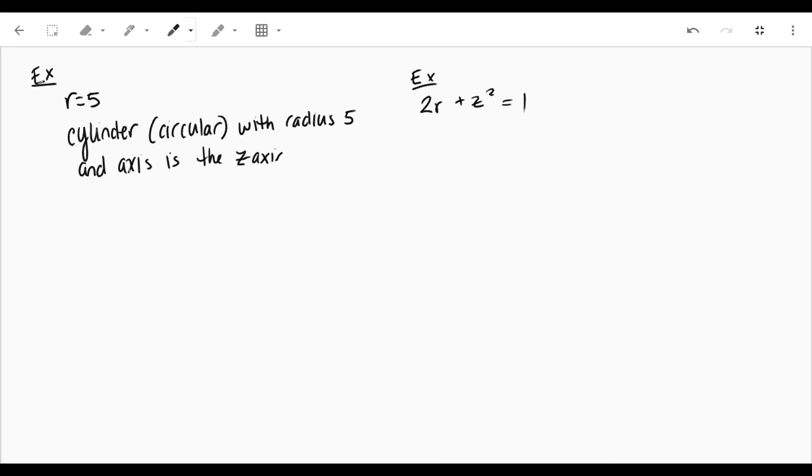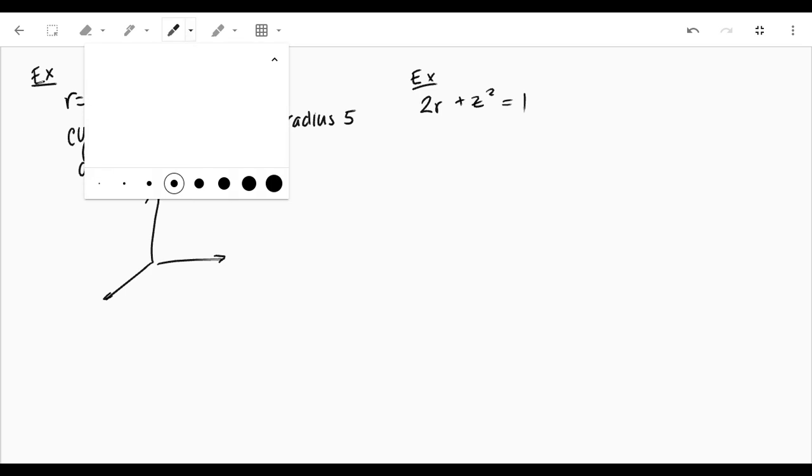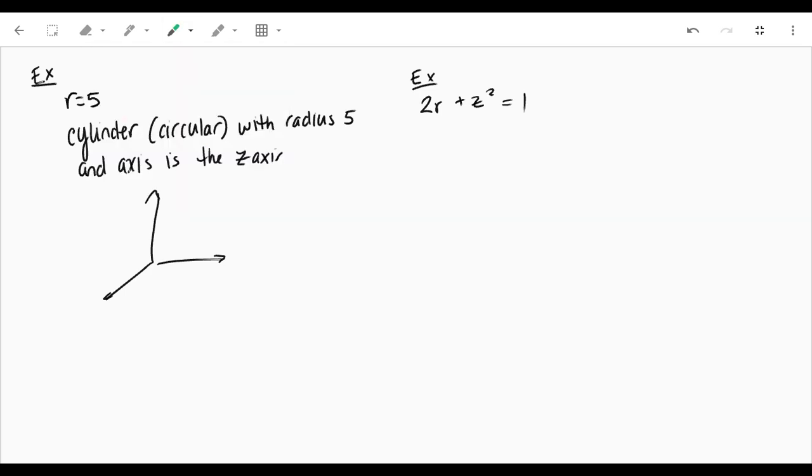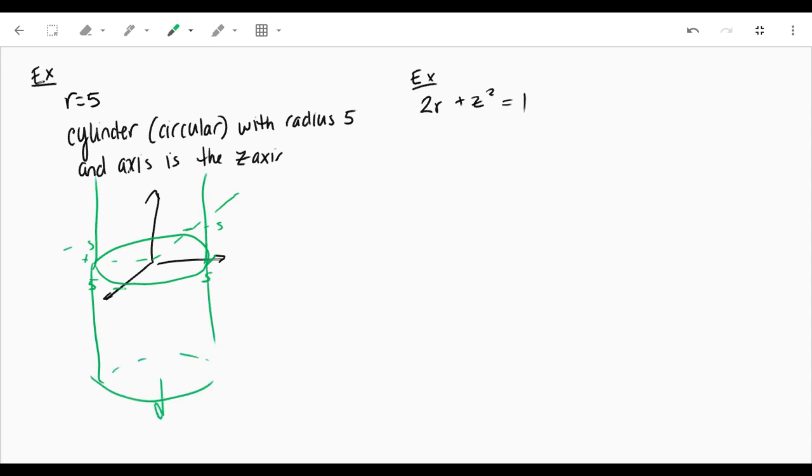Okay, so what would that look like? Radius of 5. Okay, and then it would just be a cylinder that basically goes on forever, right?